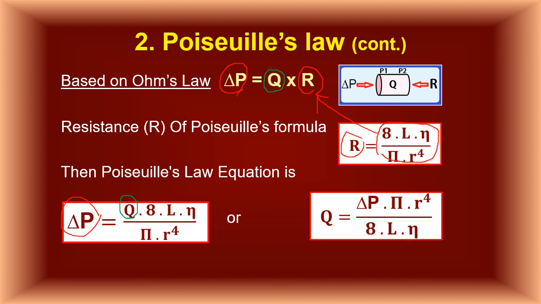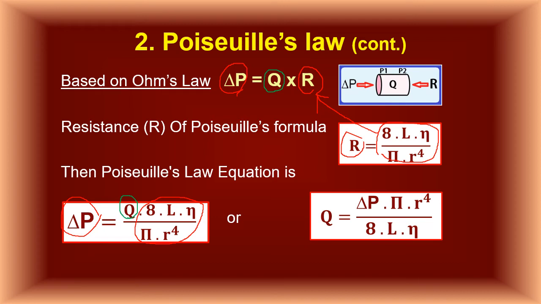I replace R by these factors, and I put them over here. So now I can understand this is the formula of Poiseuille together with the formula of Ohm. This is the last formula, and this is the thing that we need to understand.